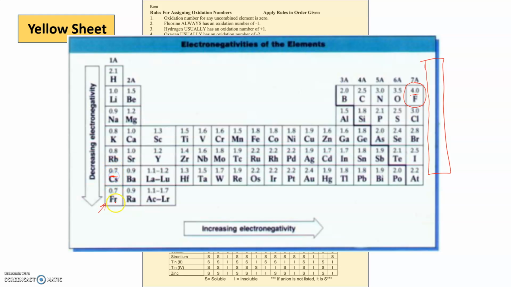Cesium also is very low. But you can see that it tends to get higher as you go up, and the electronegativities also tend to increase as you go this way. Now, it's not a perfect trend. You can see like here, it goes 1.8, 1.9, 1.6. But for the most part, it increases going to the right.